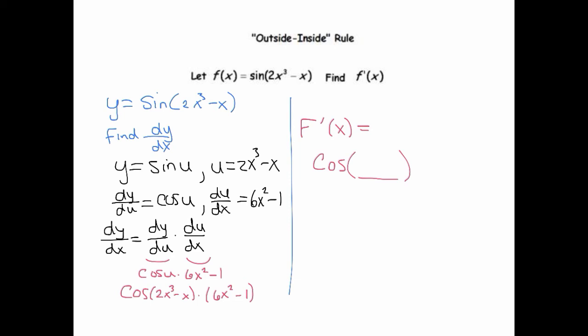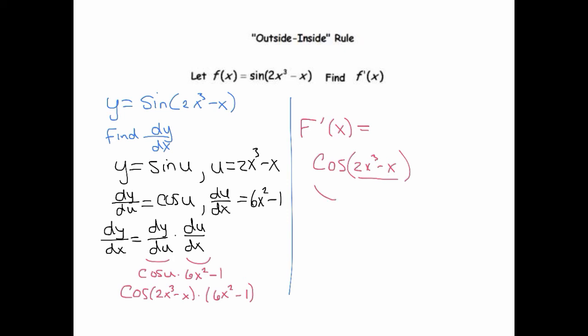Well, it's the derivative of sine at its input. And what's being inputted into sine? 2x cubed minus x. This harkens back to that very first video on the chain rule, where we recognized that the input to sine right now is another function. So we're taking the derivative of the outer function at the interior function.